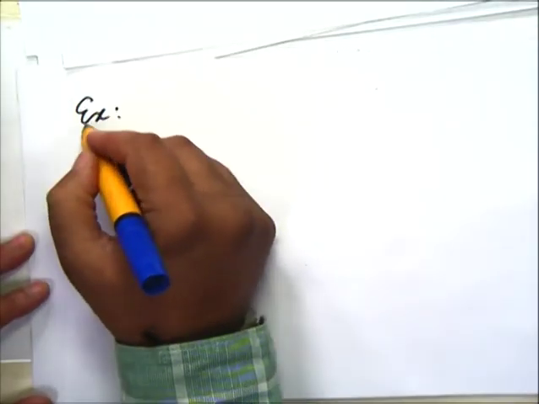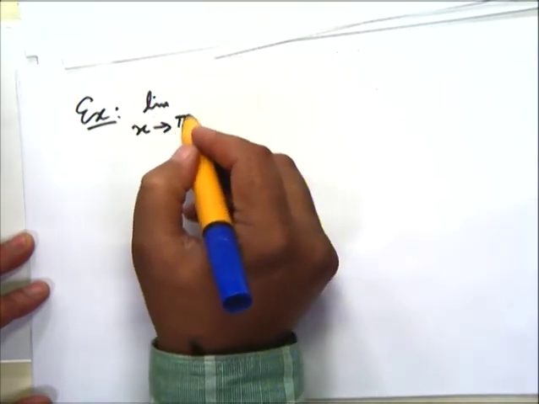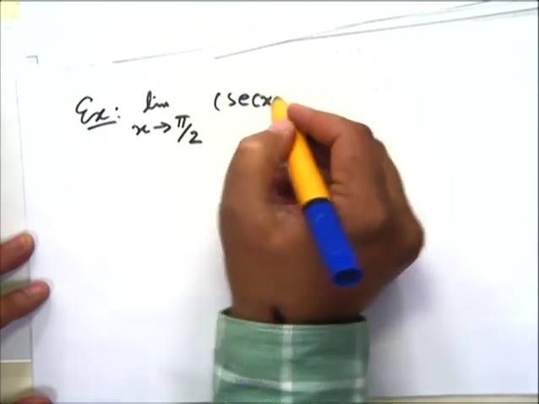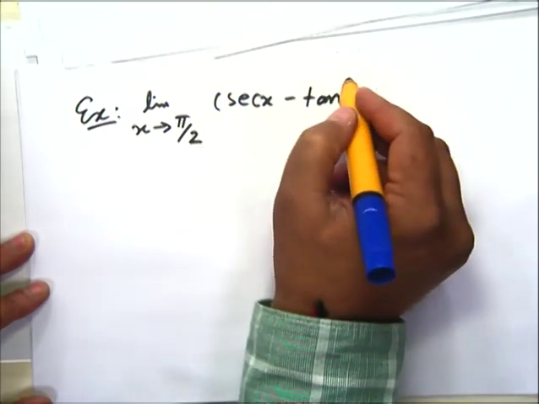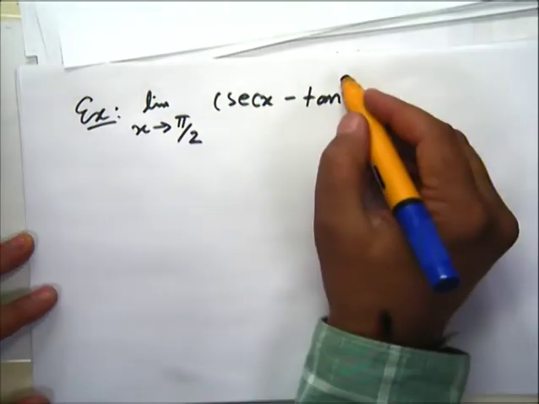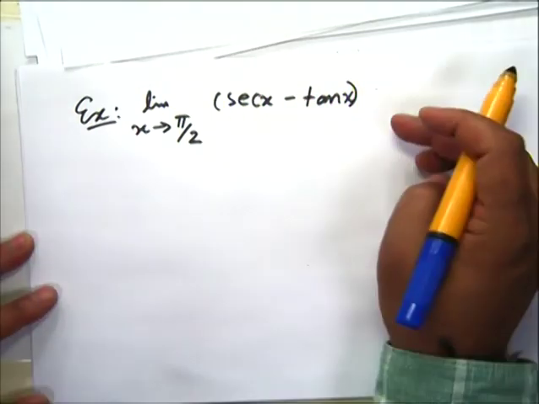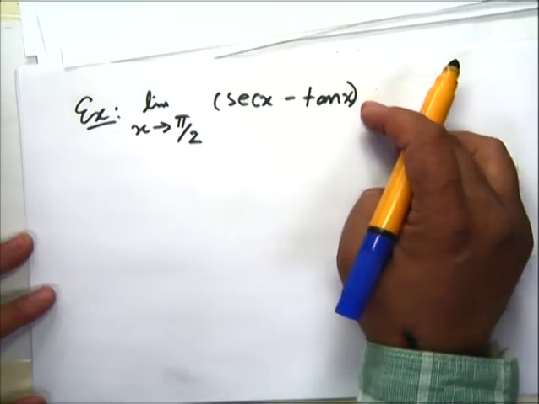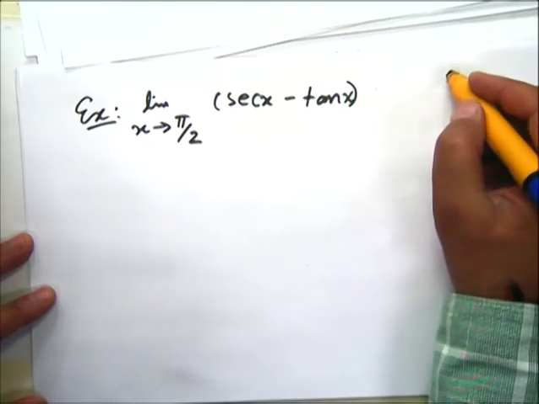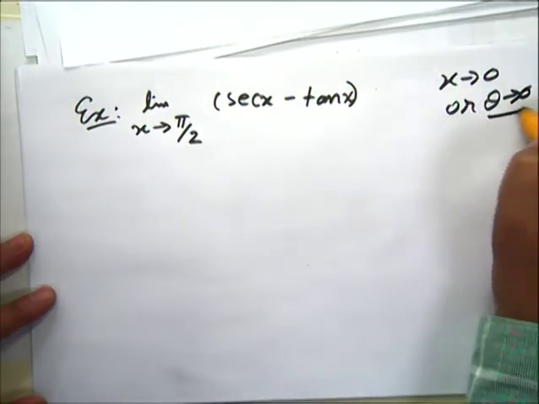Another example: limit x tends to pi by 2 of sec x minus tan x, okay, sec x into sec x minus tan x. This is the example, and we want to solve it for x tends to pi by 2. But what we need? x tends to 0 or theta tends to 0. We need this.